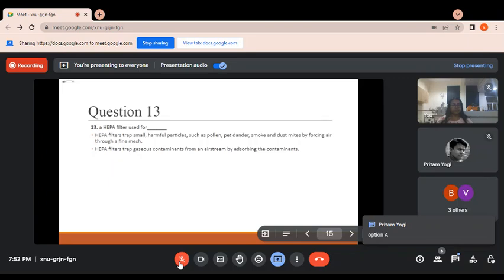Okay. Any other? Banala Sindhu, what is the right option? Venkata Josika. Previously we have explained, now what is the full form of HEPA filter. Preetham, what is the full form of HEPA filter?